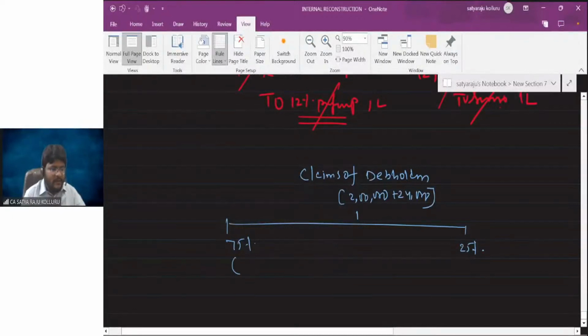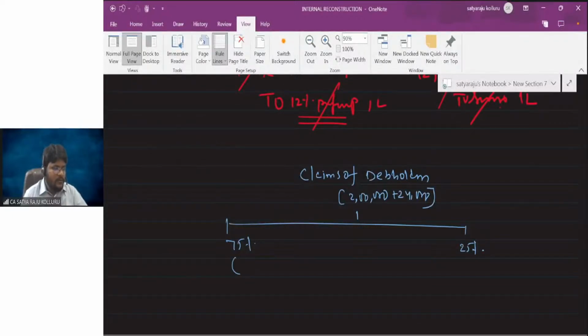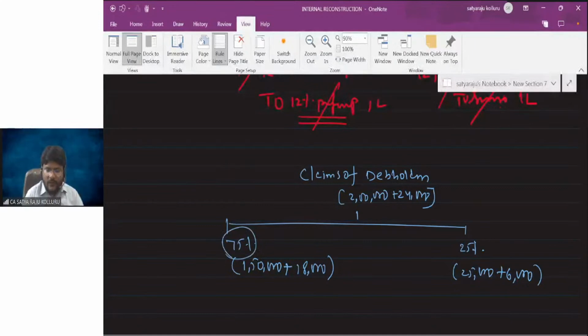75% means 2 lakhs into 75%, which is 1,50,000 worth of debenture capital, and interest 24,000 into 75% means 18,000. That is total 1,68,000. Now the remaining 25% means 50,000 worth of capital and 6,000 worth of interest. Now what he is talking about first is something related to 75%.